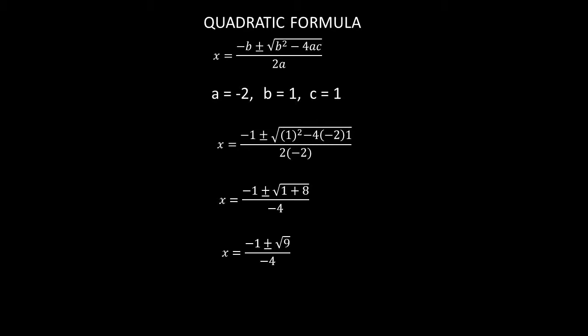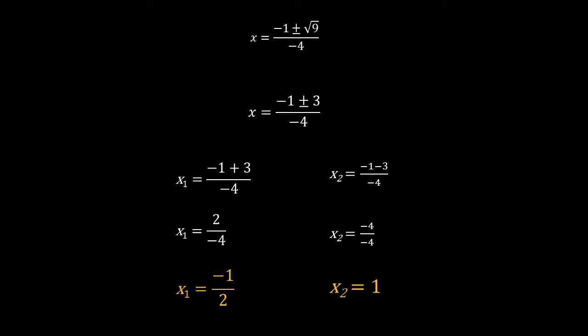And the next is negative 1 plus or minus the square root of, we add 1 plus 8, and it will become the square root of 9 over negative 4. Since the square root of 9 is a perfect square, then it will become 3. So the equation would be negative 1 plus or minus 3 over negative 4.